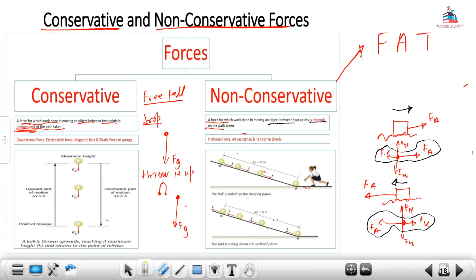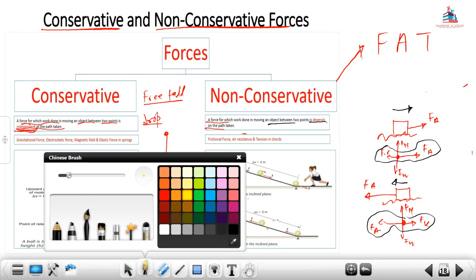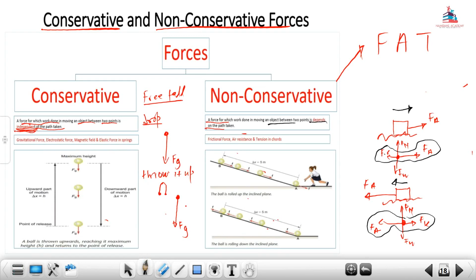So once I remember in an exam that when I have FAT, I actually mean that I must have my friction, I must have my air resistance, and then I must also have my tension. So once I have tension, air resistance as well as friction, definitely I am working with non-conservative forces.